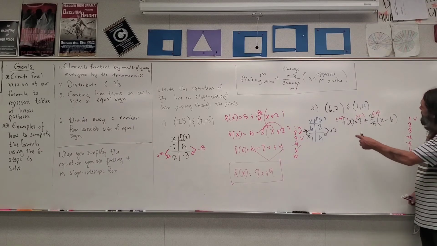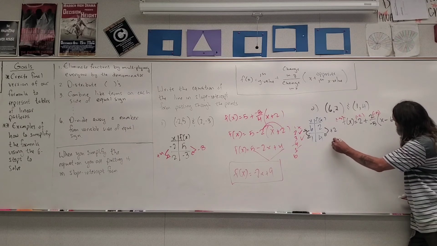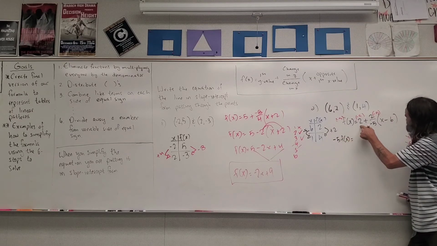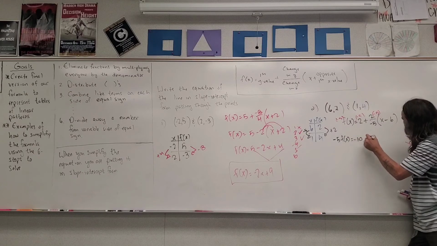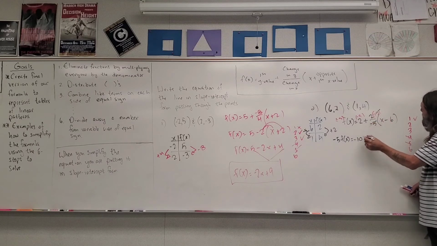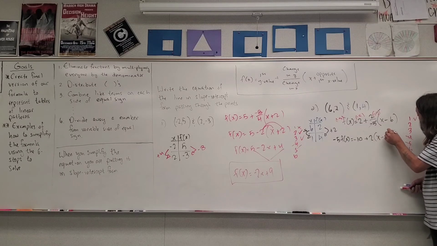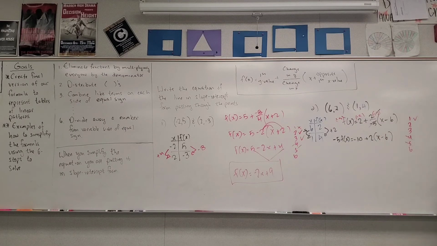All right, so negative 5 and f of x gives me negative 5 f of x's. 2 times negative 5 gives me a negative 10. This negative 5 and that negative 5 cancel out, so I get plus 2, parentheses, x minus 6. All right, so now I can distribute, because I have parentheses.